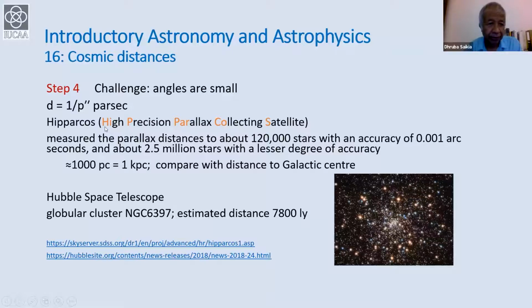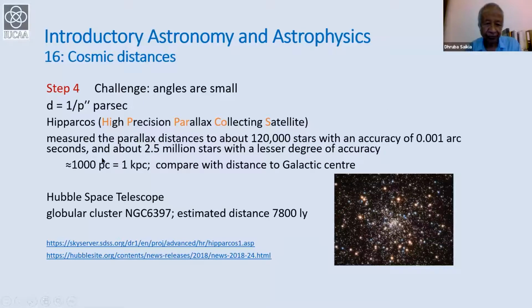Now, Hipparcos was a satellite mission, one of whose main targets was to measure parallax. Hipparcos sounds like Hipparchus from ancient Greek astronomers, but it also stands for High Precision Parallax Collecting Satellite. Okay, it was deliberately made to sound similar, and it measured the parallax of about 120,000 stars with an accuracy of about 1 milli-arcsecond.